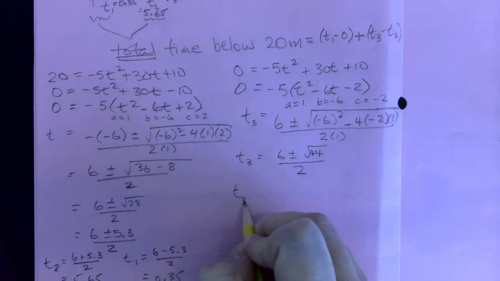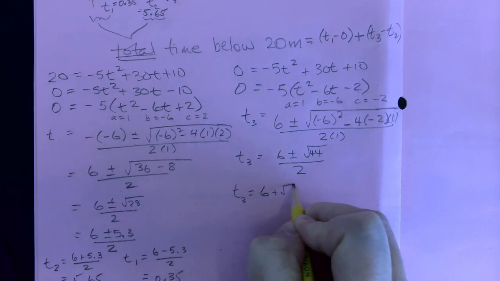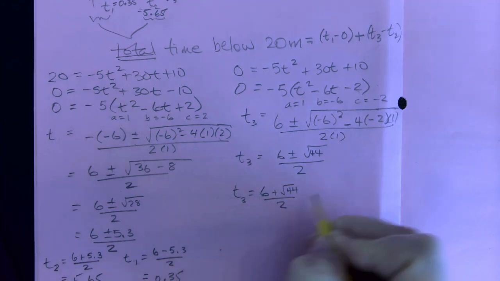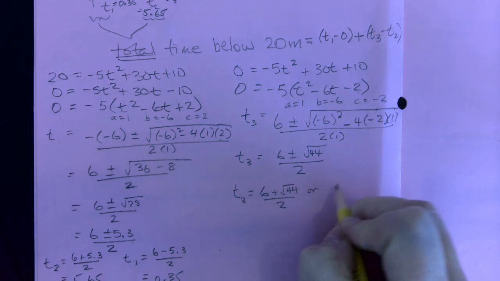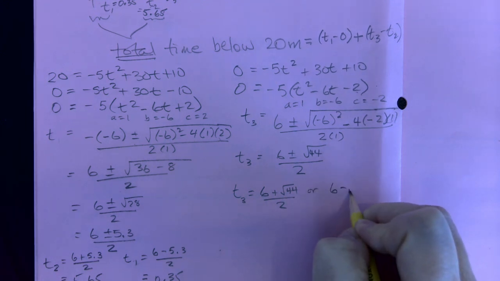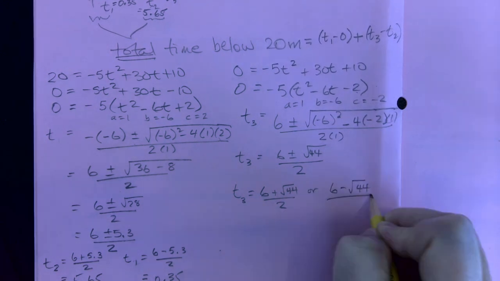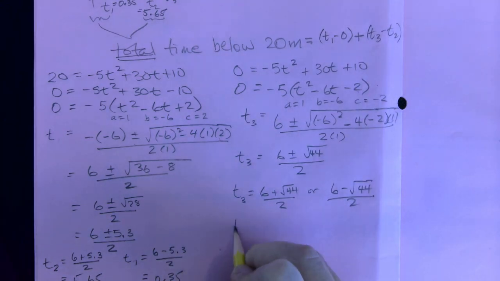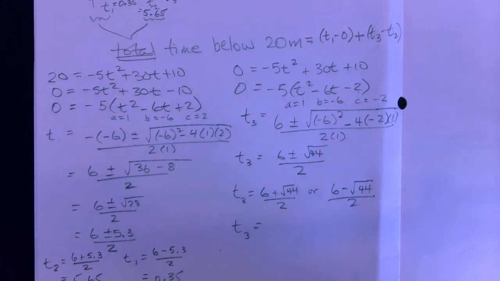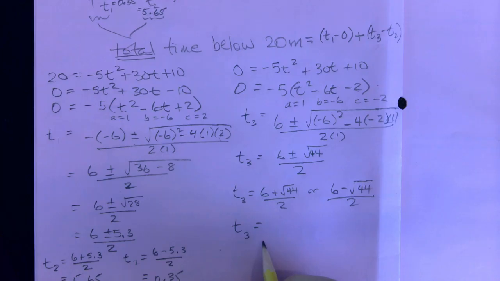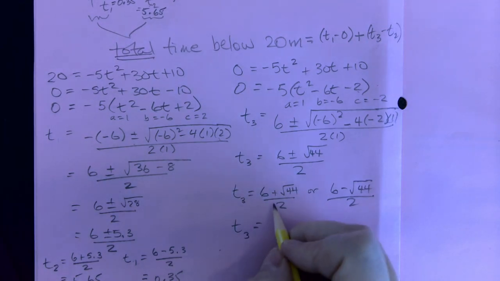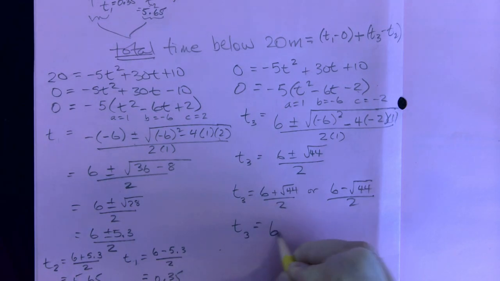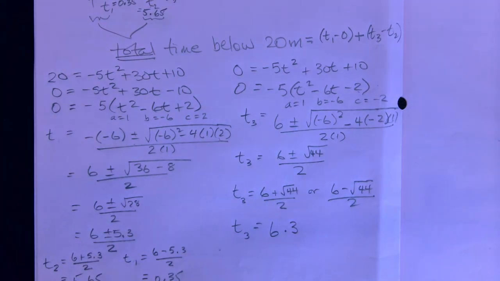So T3 is either 6 plus root 44 over 2 or 6 minus root 44 over 2. This one gives me a positive answer, 6.3.